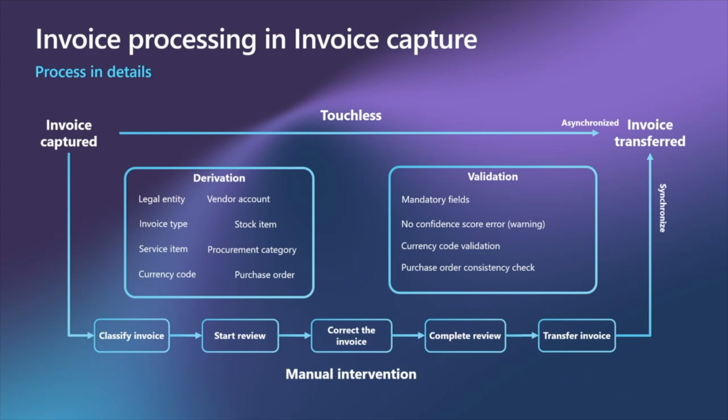Once it's complete, you can also check the invoice type. Normally it will automatically derive from the settings, but if it's incorrect, you can correct that. After you confirm this information, you can start to review to correct errors. We do have different validation logic based on different invoice types.